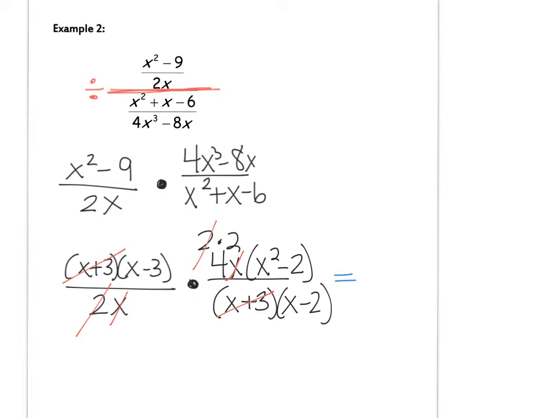And our answer would be 2 times (x - 3) times (x² - 2) over (x - 2). The x minus 2 would be tempting to cross off with the x squared minus 2, but because of the extra exponent, it of course does not.